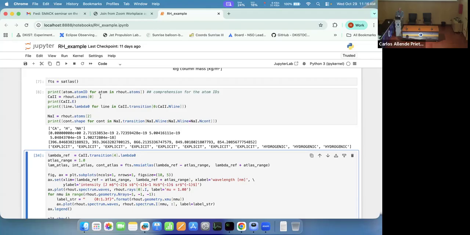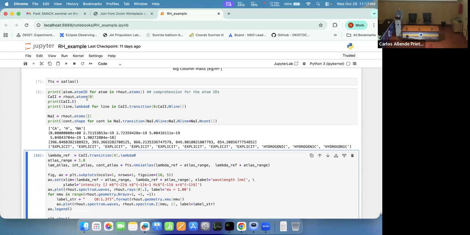For instance, this first line prints the IDs for the different atoms. So we have calcium, hydrogen, and sodium. They will not necessarily appear in the same order as they are in your atoms.input file, so this is an easy way to figure that out.